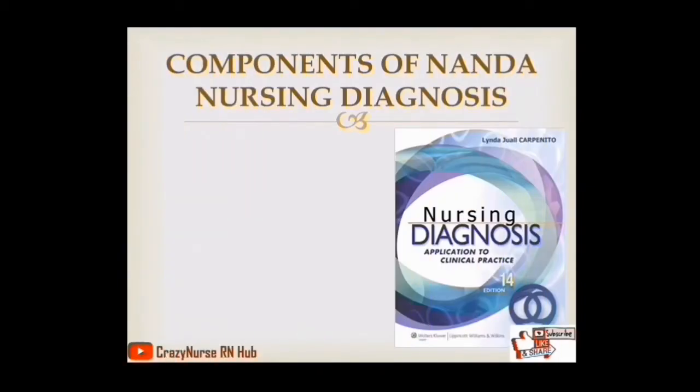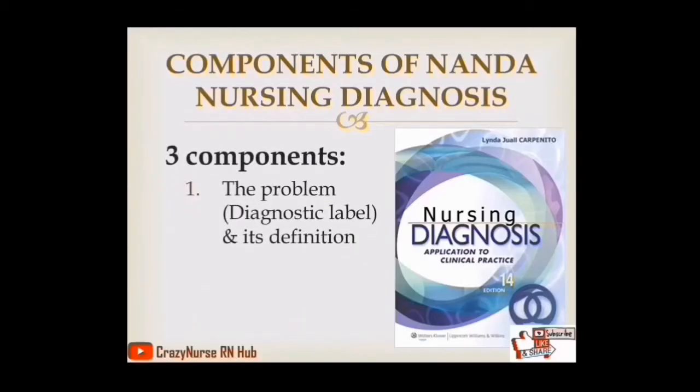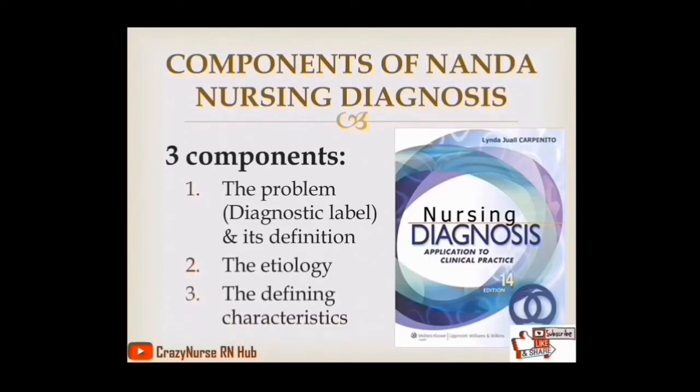Now let's proceed to the components of NANDA nursing diagnosis. A nursing diagnosis has three components: the problem and its definition, the etiology, and the defining characteristics. Each component serves a specific purpose.